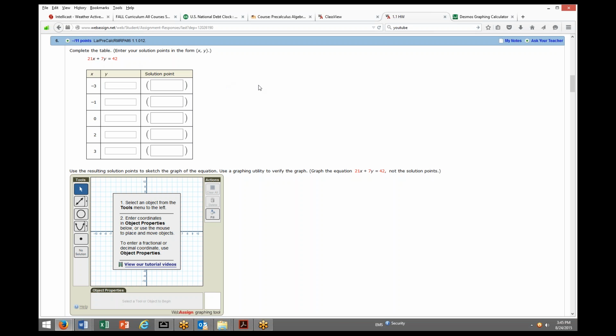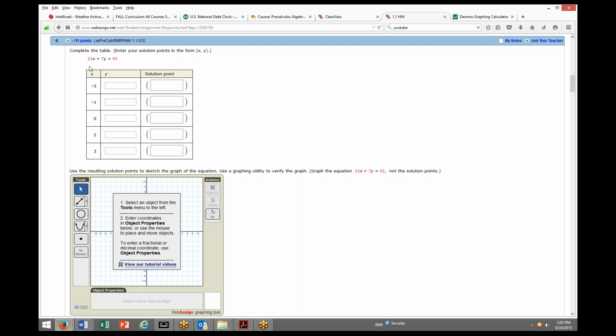Well, if we want to graph this, we're going to want to first solve it. We want to find a couple of solution points. I'm going to show you how we can do this. One easy way to find a couple solution points, class, oftentimes is to just let x be 0 and y be 0.